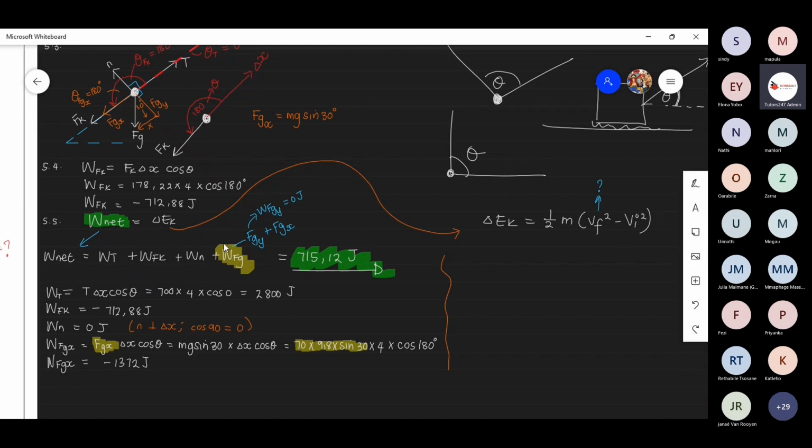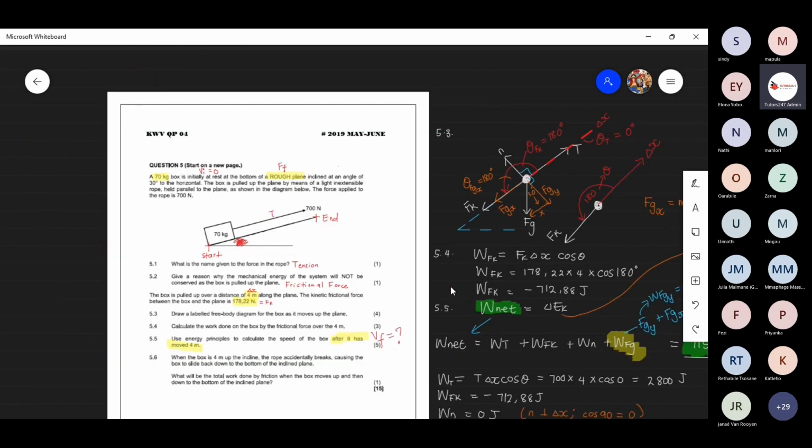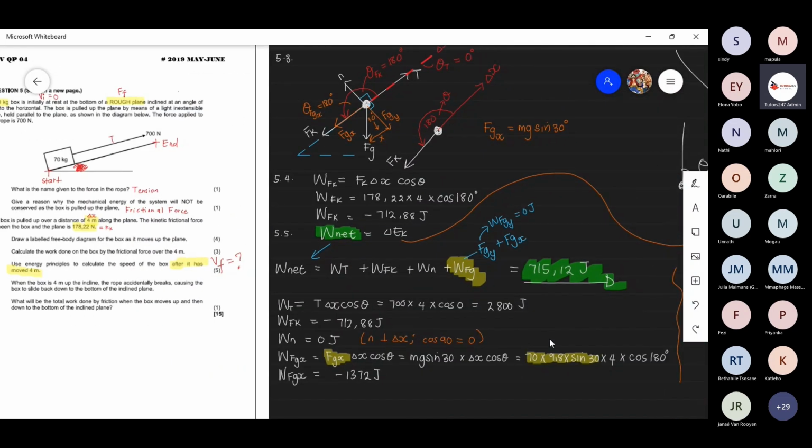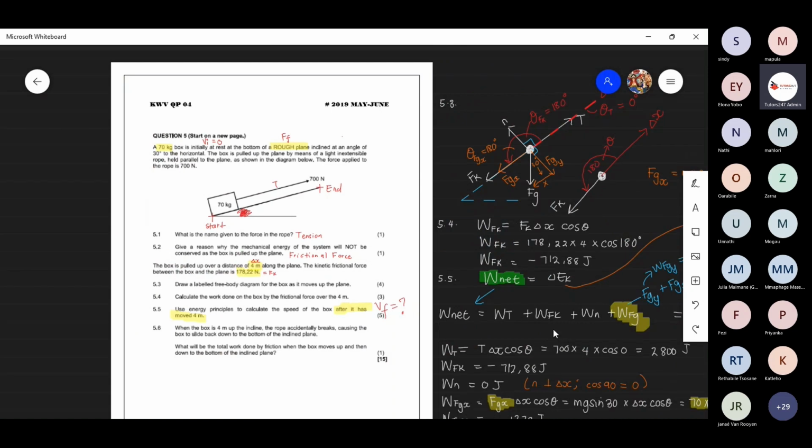I know it's been quite a while since we read the question, so let's go back and read it to refresh your memory. Our question is, use energy principles to calculate the speed of the box after it has moved 4 meters. So we are calculating for final velocity.